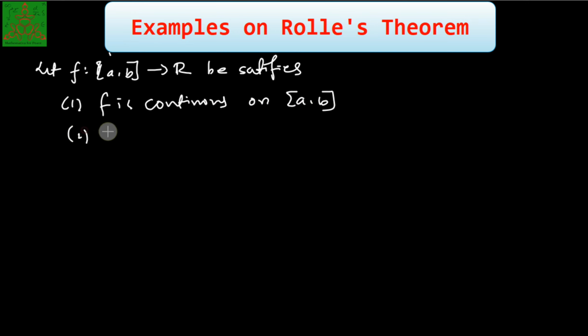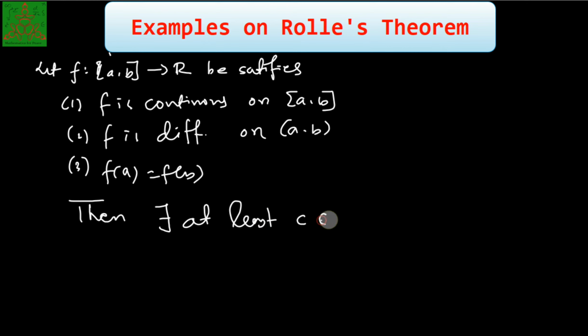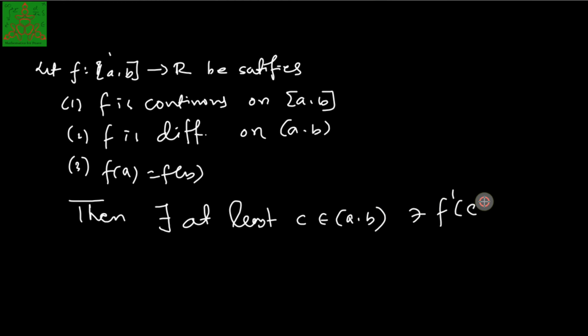The second is f is differentiable on the open interval (a, b). The third condition is f(a) = f(b). Then there exists at least one point c in (a, b) such that the derivative is equal to 0.